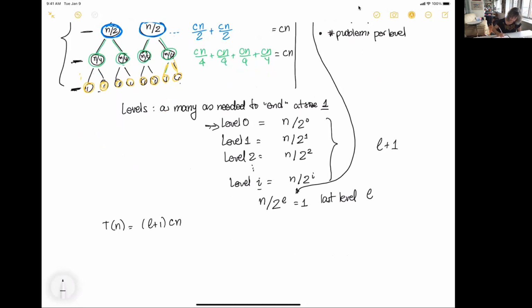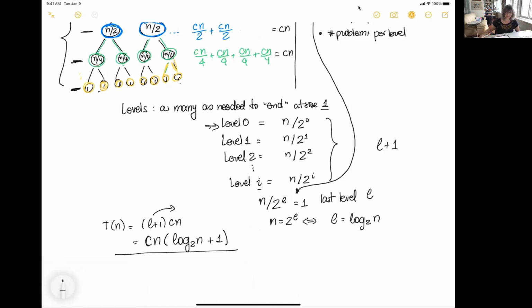But what is L as a function of n? Well, n is supposed to be equal to 2 to the L, which is equivalent to saying that L is log base 2 of n. So the total amount of work is C times n times (log base 2 of n plus 1). And this way we solve the recurrence for the merging stage.